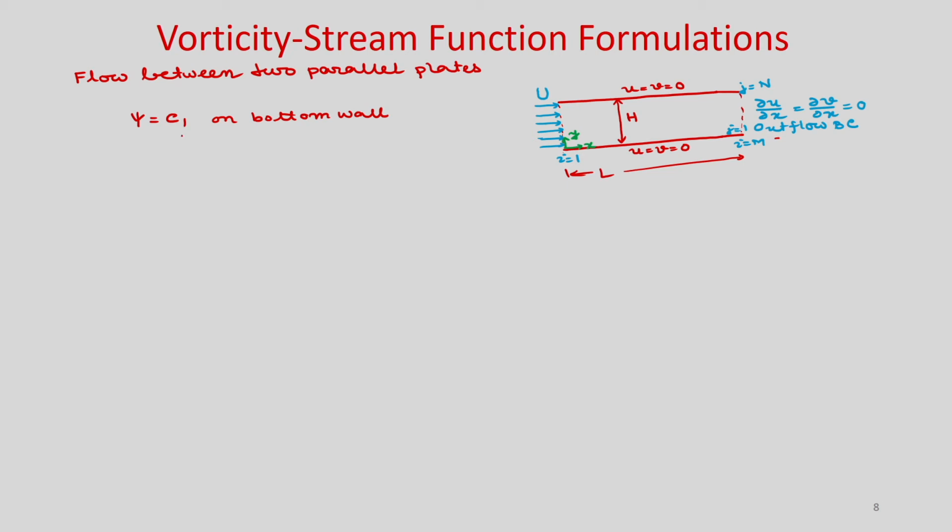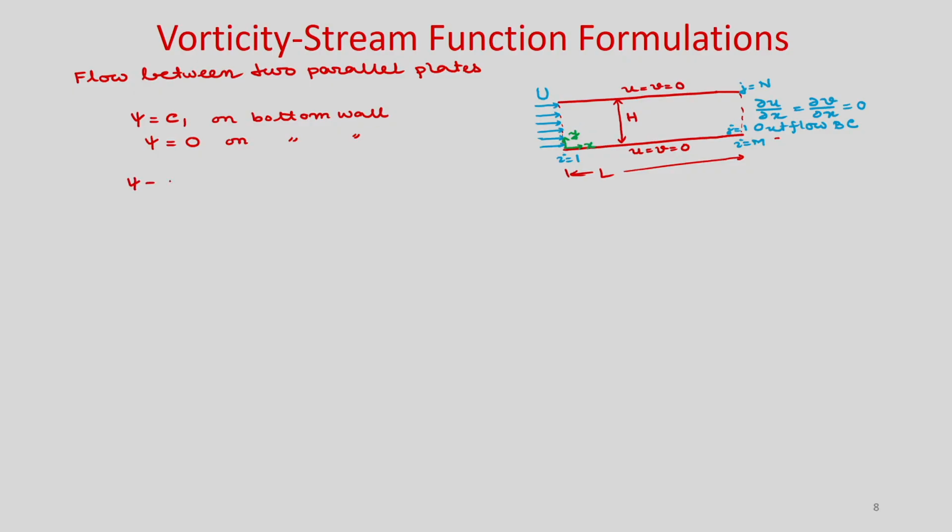So, psi is equal to C1. For simplicity let us say psi is equal to 0 on the bottom wall. You can take any value, because it does not matter. Whatever value you consider on the bottom wall, accordingly you will get psi on the top wall.